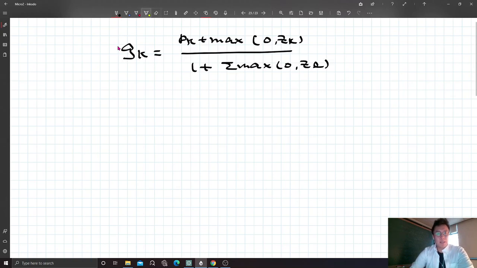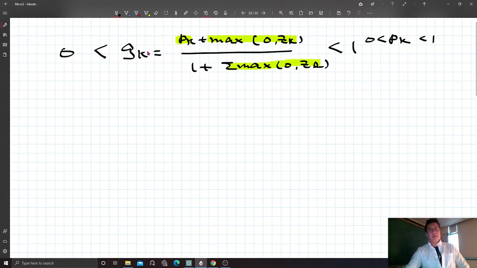Because p sub k is a number between 0 and 1 after normalization, and we have a summation of maxima on the bottom and just one maximum on the top. So comparing the numerator and denominator, we can easily see that the numerator is always smaller than the denominator, and both are strictly positive. So g sub k is going to be a number, the function's value, no matter what price vector p, between 0 and 1.